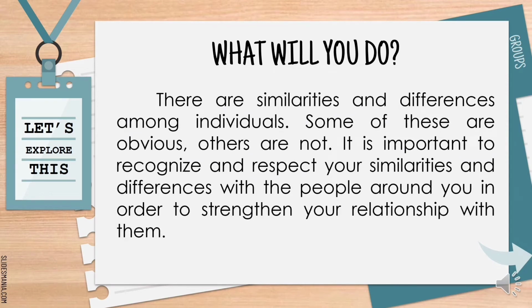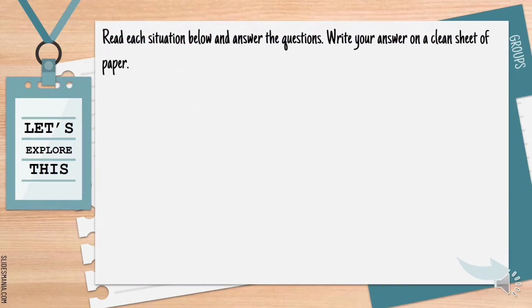Some of these are obvious, others are not. It is important to recognize and respect your similarities and differences with the people around you in order to strengthen your relationship with them. Now, grade 7, you need to read the situations below and answer the given questions. You need to write your answer on a clean sheet of paper.